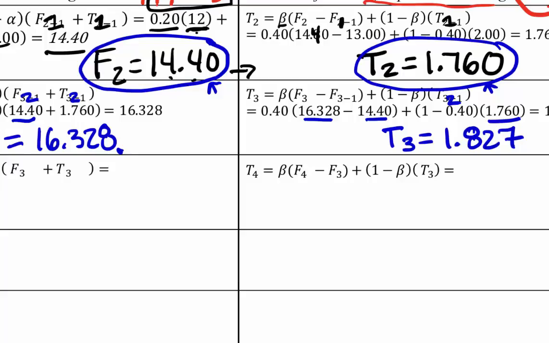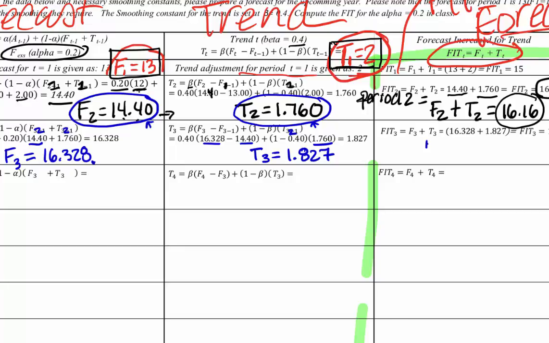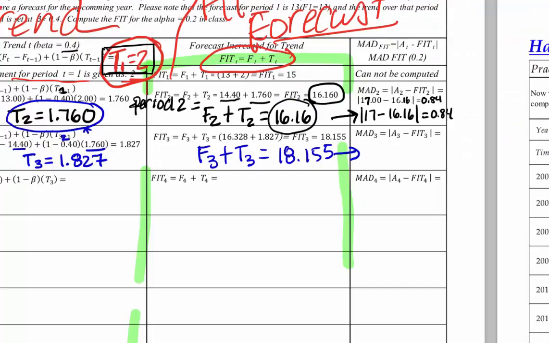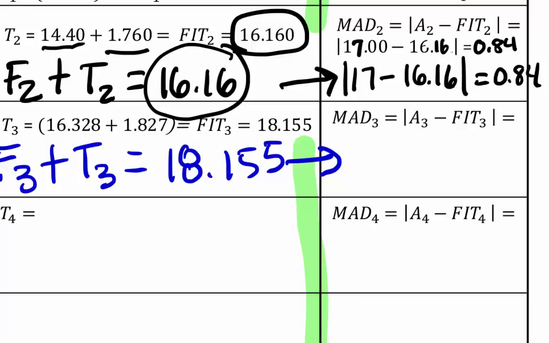Now, just like we did before, we have to add together f of 3 plus t of 3, which is going to equal 18.155. We bring that over here. We can calculate then our forecast error. So we take the absolute value of A of 3 minus the fit of 3, so that's 18.155.